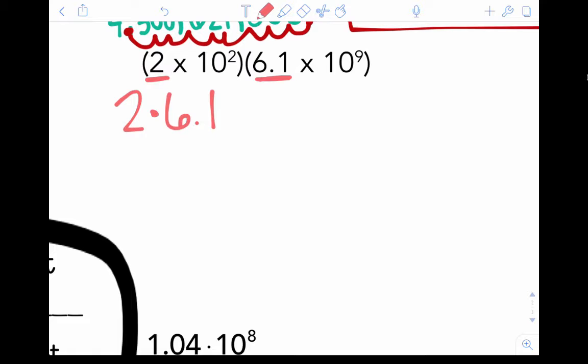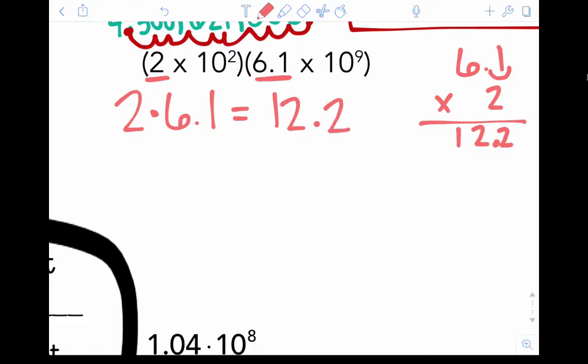2 times 6.1, if I don't know what that is off the top of my head, I'm going to multiply over to the side. 6.1 times 2, 2 times 1 is 2, 2 times 6 is 12. I have 1 decimal, so I need to add 1 decimal to the answer. So this is 12.2. My next step was to multiply my powers of 10.